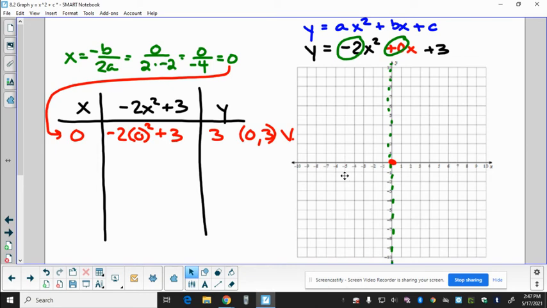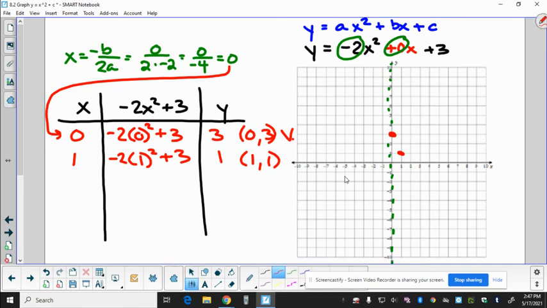Let's graph that point. All right. How about we put the number 1 in here? So 1 squared is 1 times negative 2 is negative 2 plus 3 is 1. So that'd be the point 1, 1. Let's go ahead and graph that.